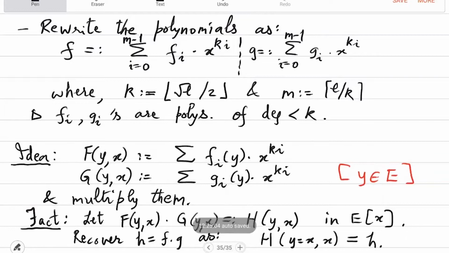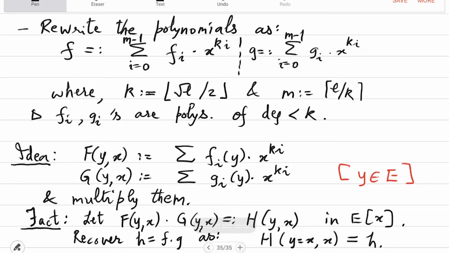Because the original f and g were defined like that, sigma fi of x to the ki. So when you multiply Fi and Gj, it will not exceed L by 2. So we will not have any modulus loss of information. Exactly. So the argument is actually using the degree. It's a degree argument. So in big F and in big G, the x's are anyway free variables, so there is no problem with x. The only problem is with small y, because small y is tied with a modulus.